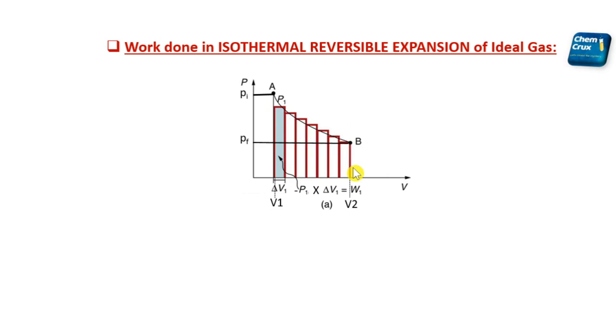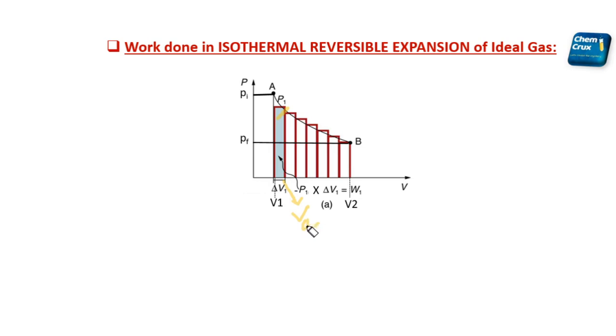So if we need to find out the work done for the first step, let's see how we can find it. For the first step, you can see the pressure has decreased from Pi to P1, and volume has increased from V1 to say VA.